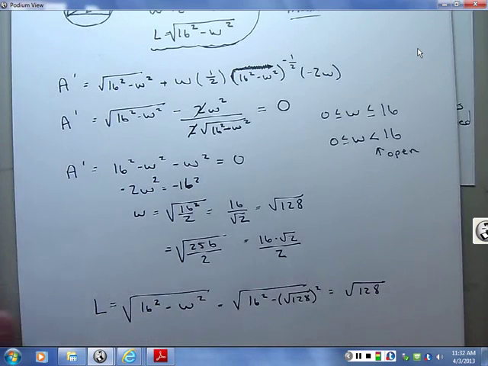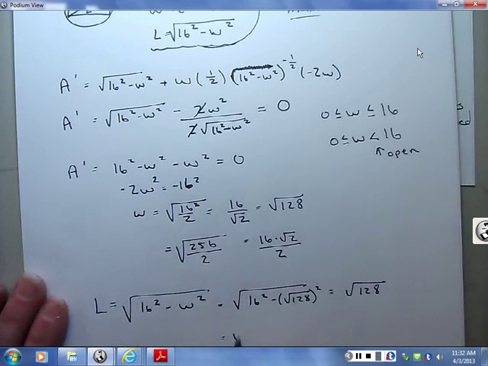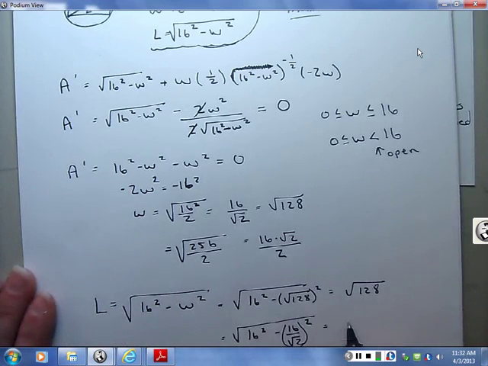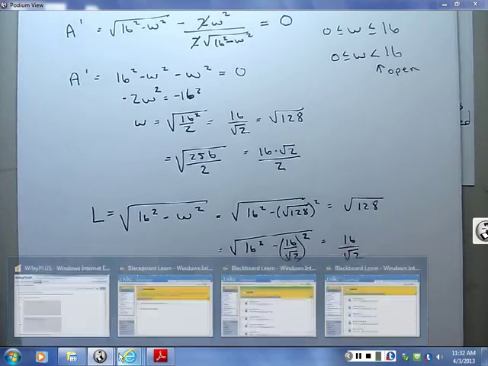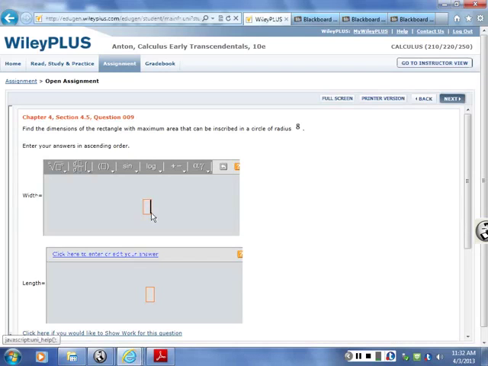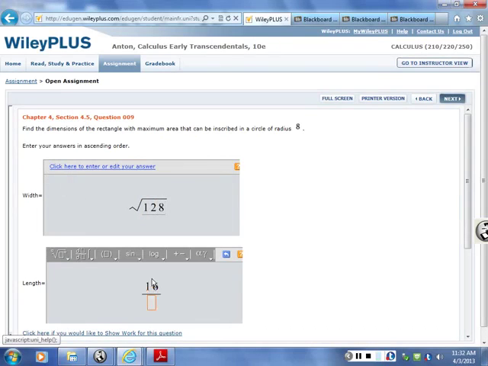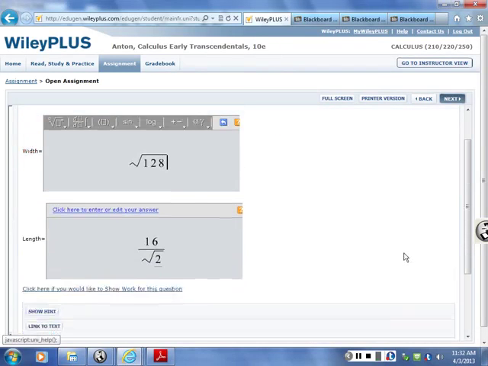But I could have left it as the square root of 16 squared minus 16 over square root of 2 squared, and that's still going to give me 16 over square root of 2. So if I put this in as the square root of 128, and this one as 16 over square root of 2, these are the exact same thing. Wiley should accept both answers.